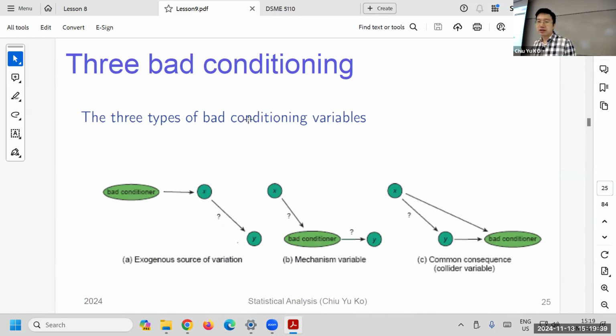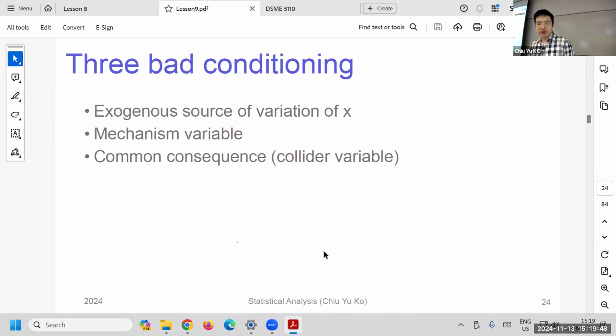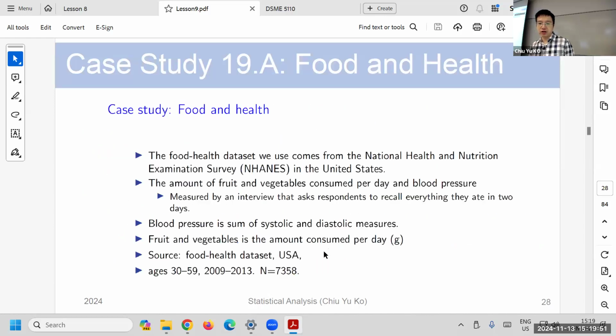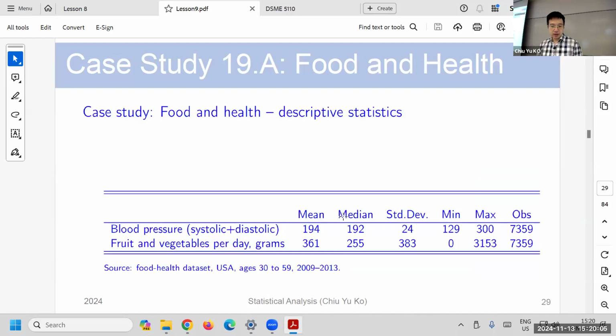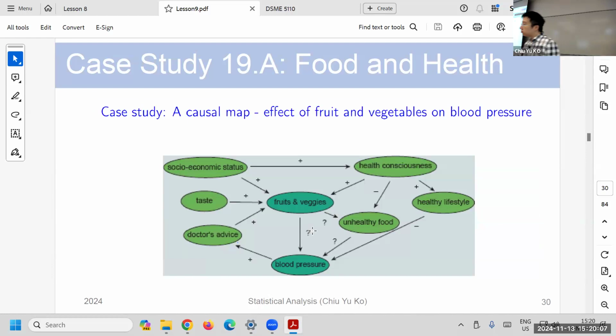No. This unhealthy food is a mechanism variable. You shouldn't include that, because if you eat more healthy food, then you eat less unhealthy food is already there. If you control that, then basically you underestimate the impact. So that is a little bit complicated, but I hope it's clear. It gives you some idea what should be there, what shouldn't be there.